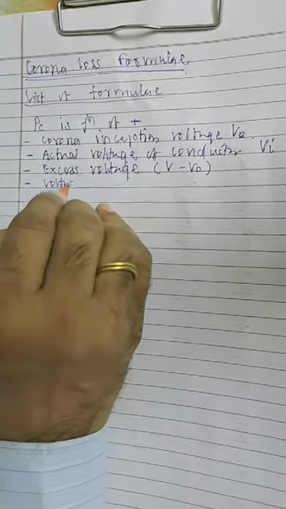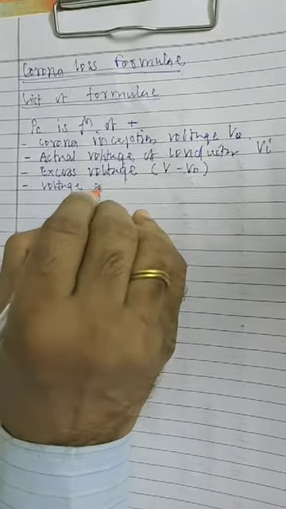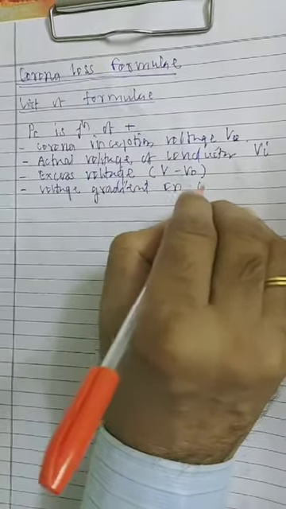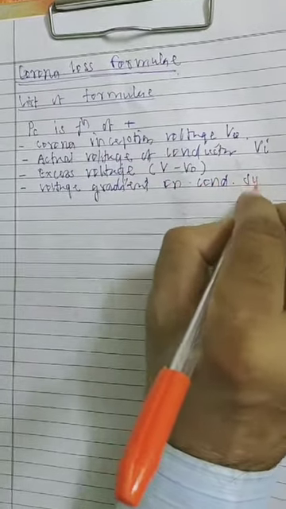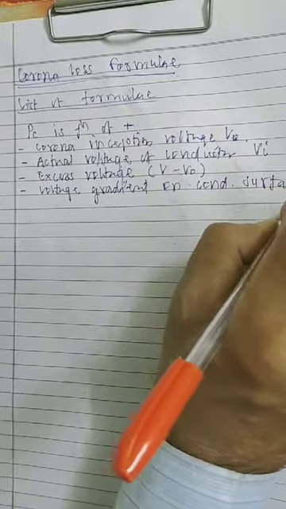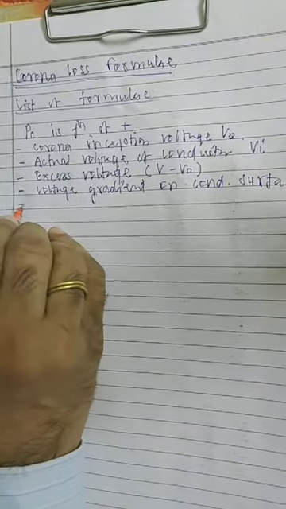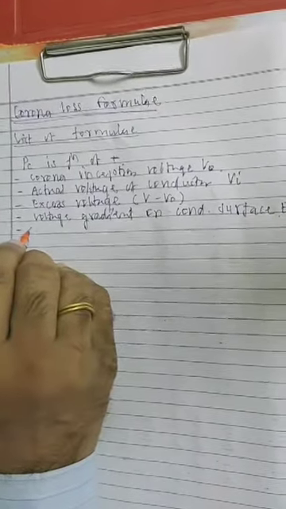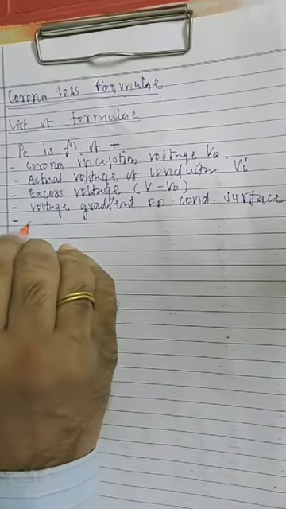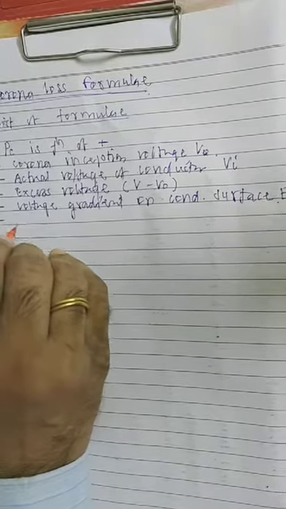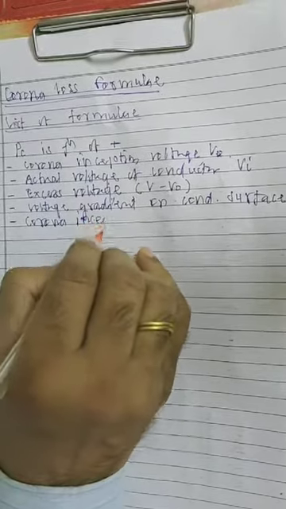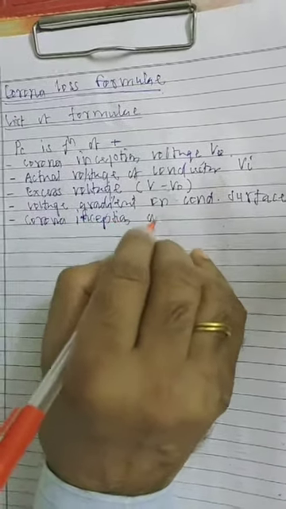This is the voltage gradient on conductor surface, denoted by capital E. Then next is corona inception gradient.